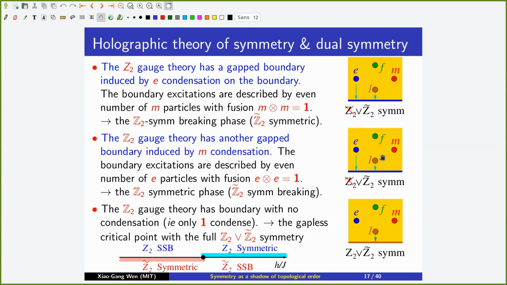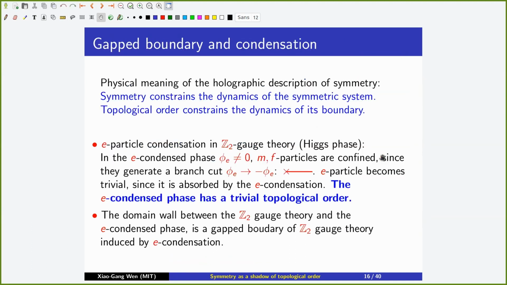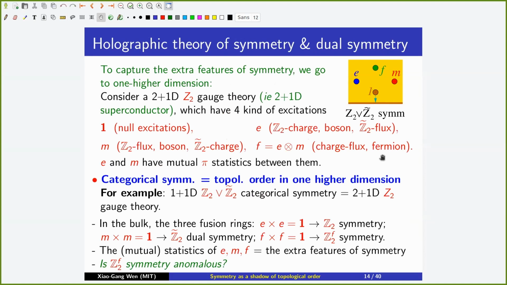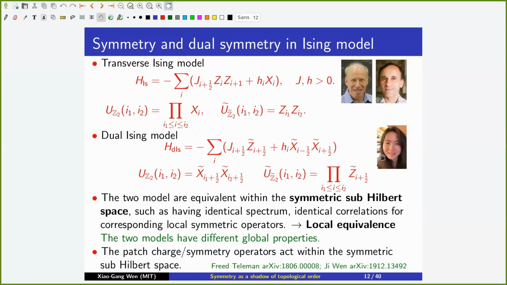Okay. Yes. Even if I take periodic boundary conditions, the dual Z2 symmetry still makes sense as long as I look at the patch symmetry variables. In principle, the symmetry for periodic boundary conditions still makes sense. You can see in the original model, the dual symmetry transformation is just two operators on the boundary.